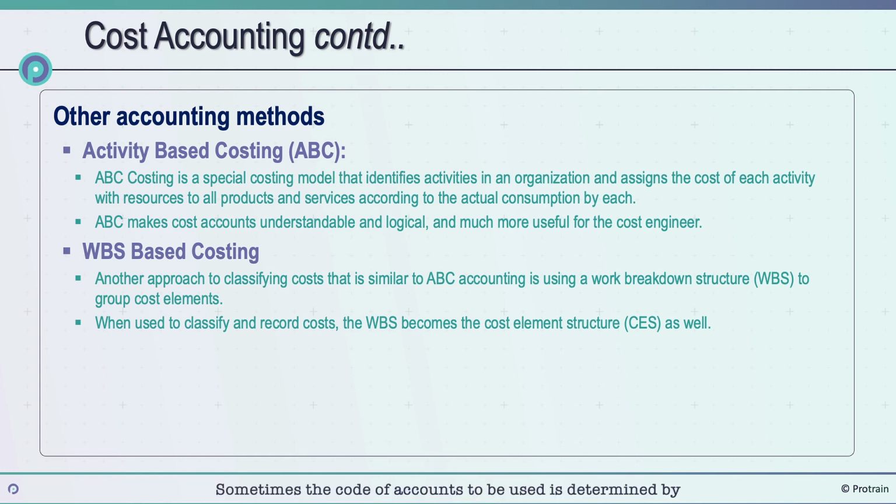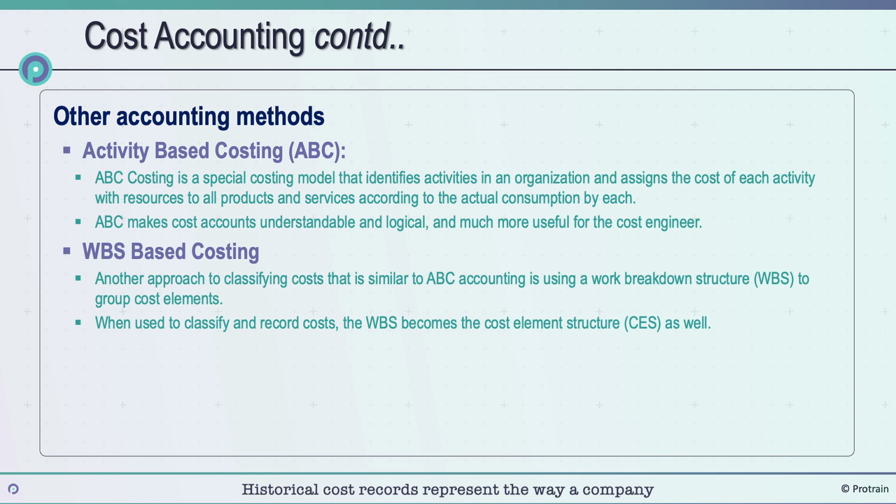Sometimes the code of accounts to be used is determined by law and accounting practice of the country. Study of these accounting practices are specialized subjects in commerce and accounting field. Regardless of how cost elements are classified and grouped, it is important that this is done in a manner that is consistent with the way future work is estimated and budgeted.